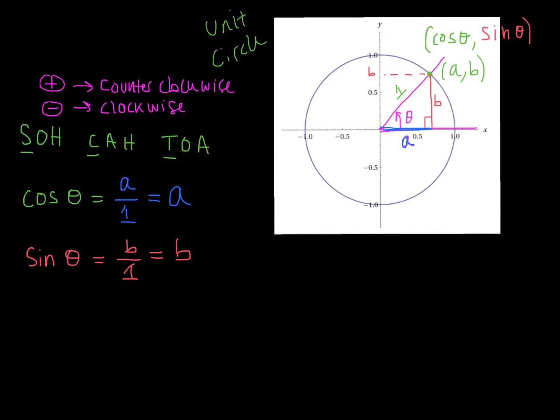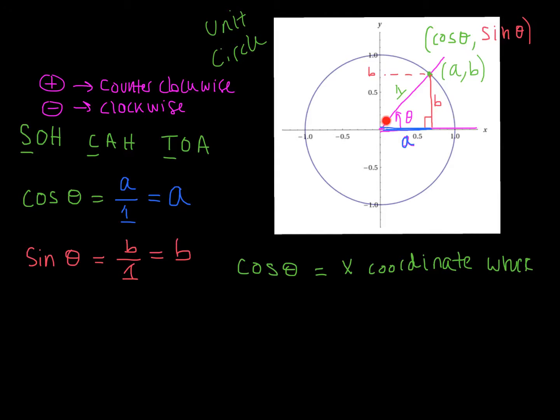Okay? And so we're actually going to redefine cosine and sine. No longer are we going to have to rely on sine being the opposite over the hypotenuse or cosine being the adjacent over the hypotenuse. What cosine is, and I'm going to go ahead and write this out, is this: the cosine of an angle theta is the x-coordinate where, and I want to be very clear here, where am I talking about?